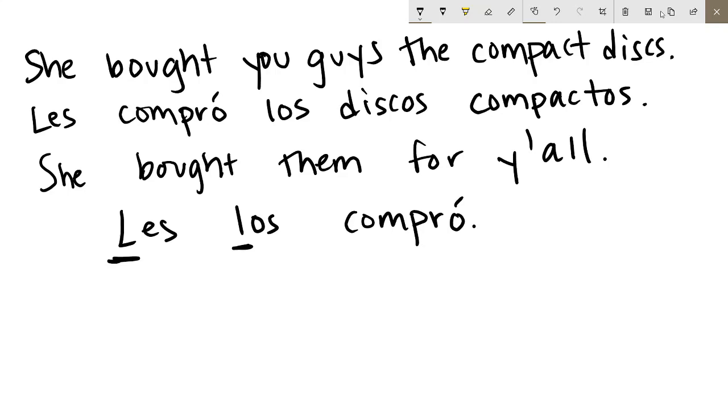Not all grammar rules have hard and fast and really meaningful explanations. So a lot of them are just due to how people prefer to speak. So it's like the chicken and the egg. Which came first, language or grammar? Usually grammar is a set of observations about how the speakers of a language speak.